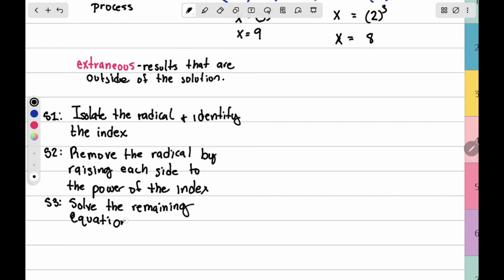Yeah, going back to unit 1. All right. And the last step that my students absolutely hate to do, get problems wrong just because of this, is you need to check for extraneous solutions.